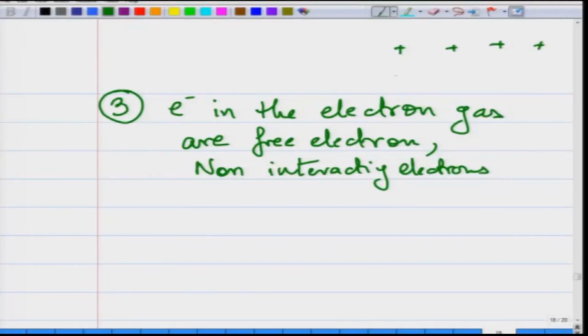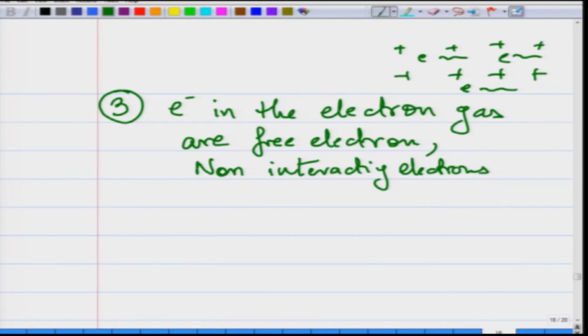Here too he made a very drastic sort of an assumption that within a metal where you have these positive ion cores and you have this sea of electrons which are wandering across this matrix of ions which are placed inside the metal, that this gas of electrons are basically free electrons.